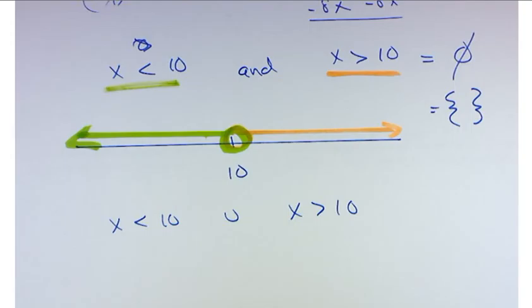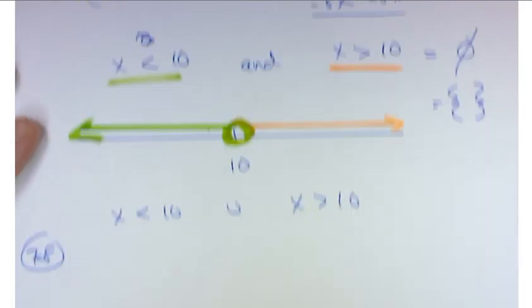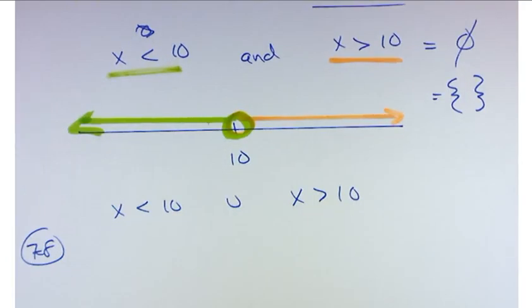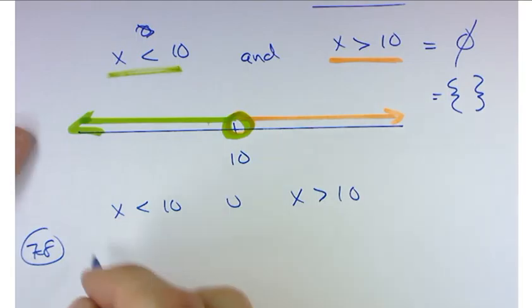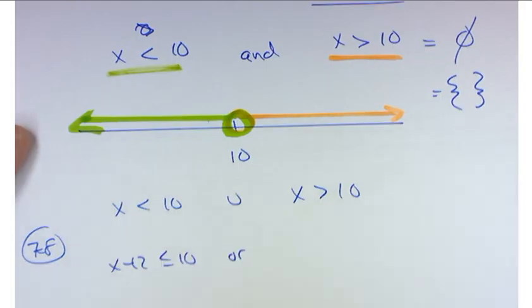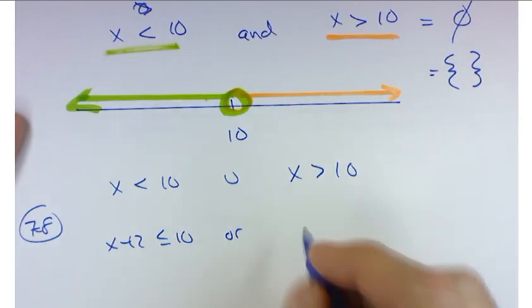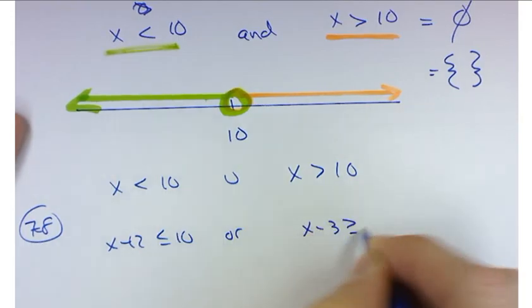We'll move along with problem number 78. So for 78, we've got x plus 2 is less than or equal to 10, or x minus 3 is greater than or equal to 2.